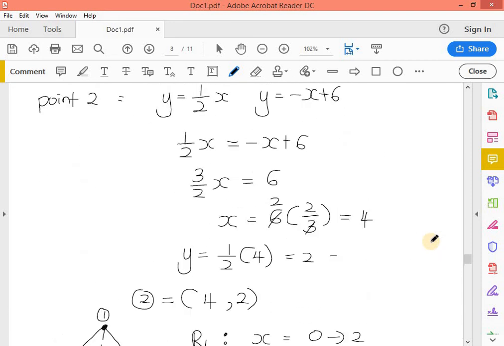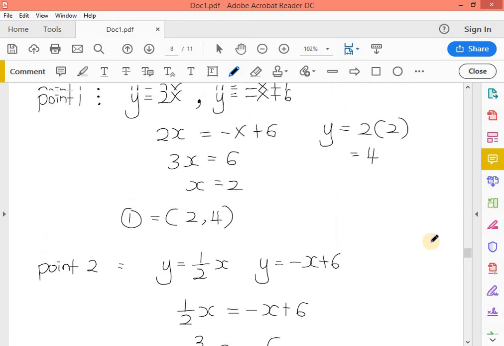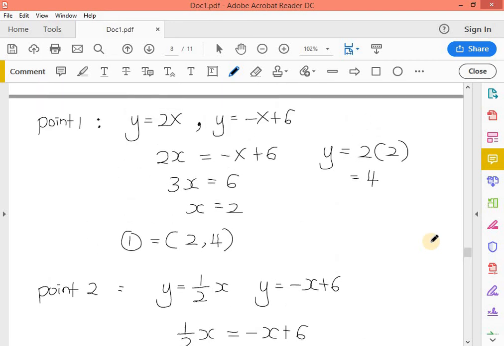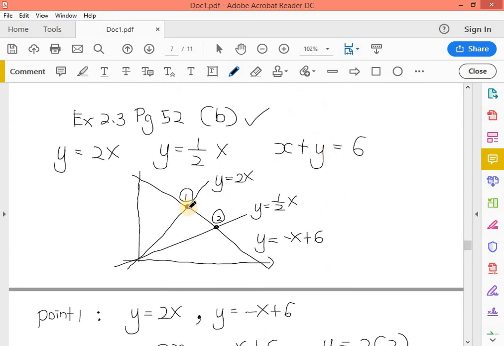Okay, so this is the simultaneous equations. If you want to find the intersection point between y equals to 2x and also y equals to negative x plus 6, you have to list down the equations involved. This equation and this equation.